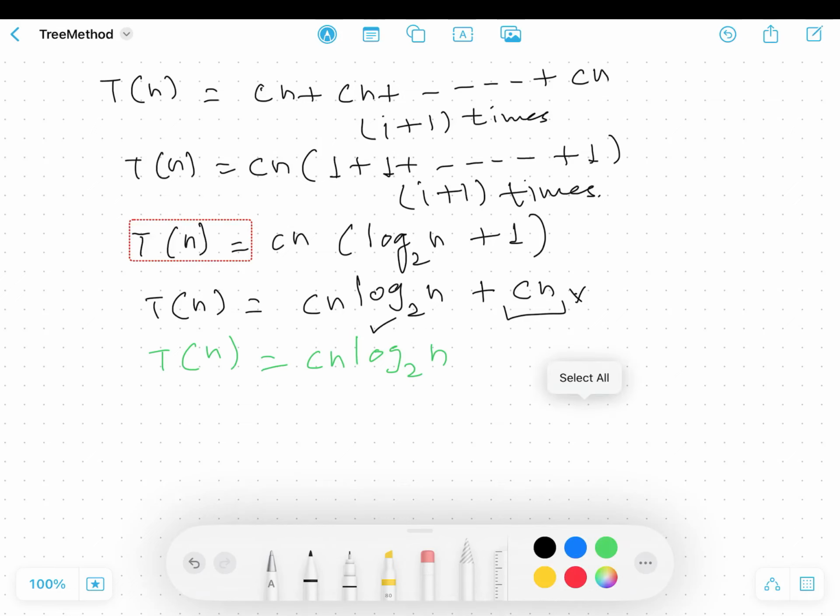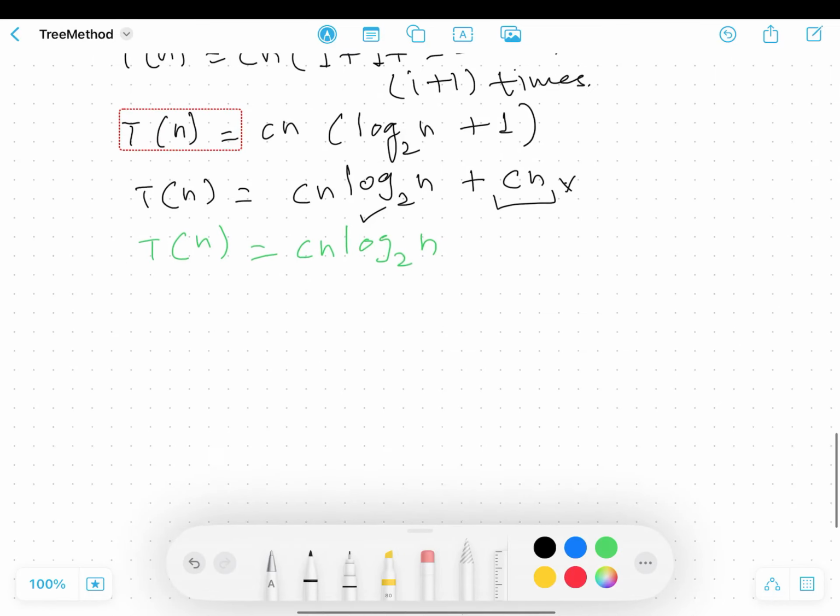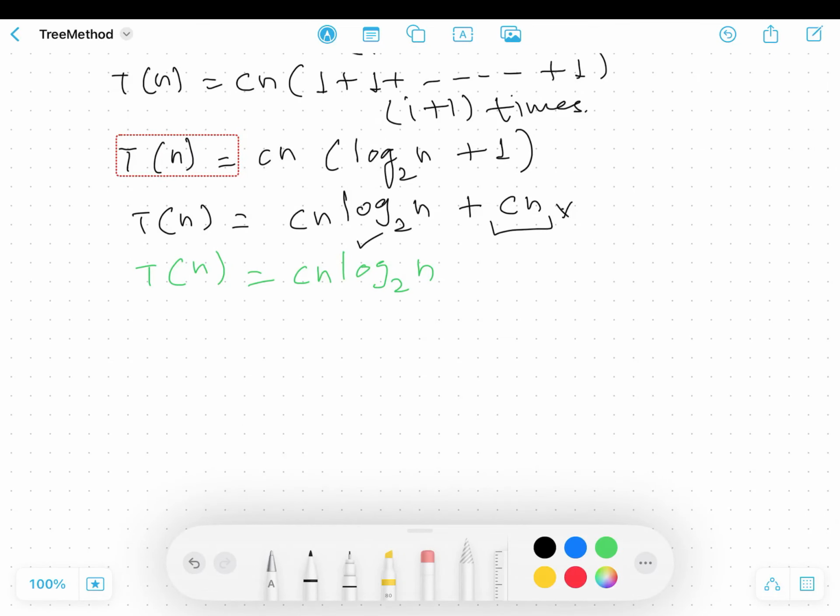Okay. Let's do one more example to understand the concept better.